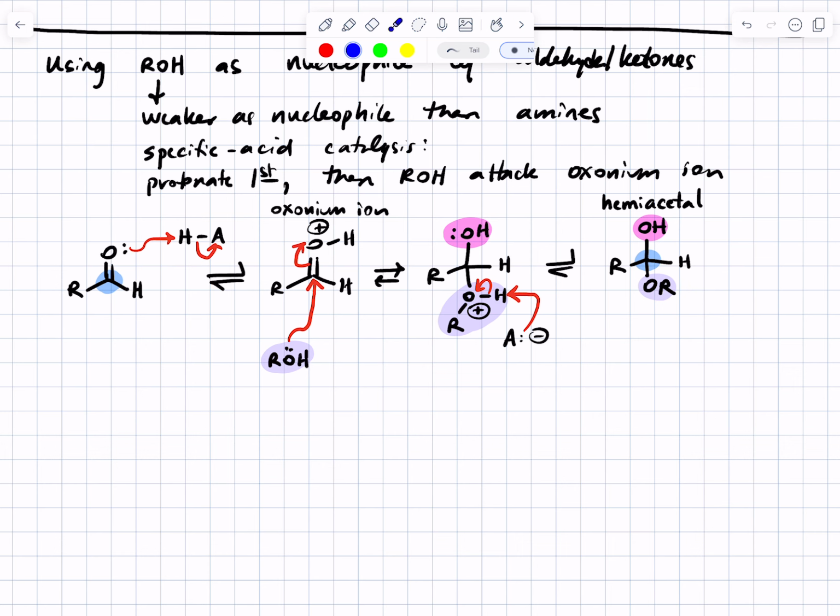The way you do this is you first identify the OH group and the OR group, then you see what else is connected to that blue carbon. If it's 2 R groups, it used to be a ketone. If it's an R group and an H, it used to be an aldehyde. Does that make sense? Okay.